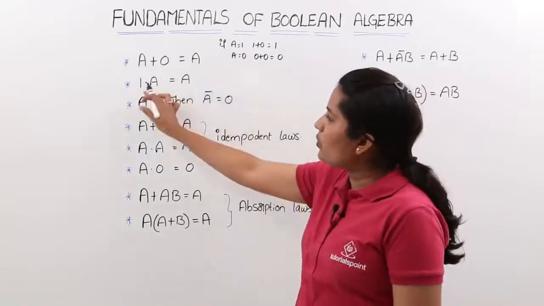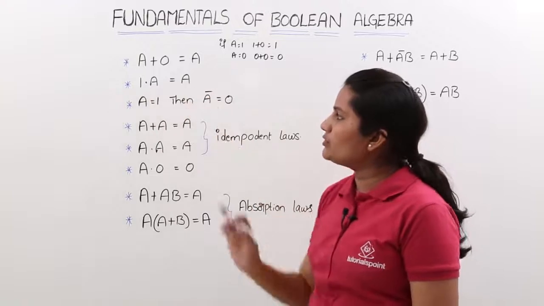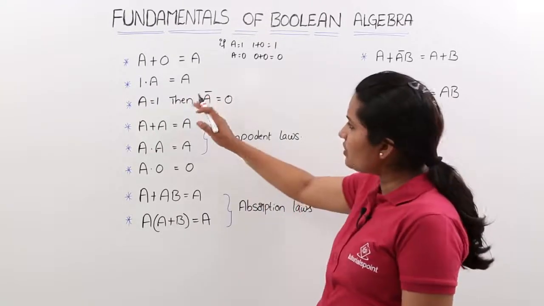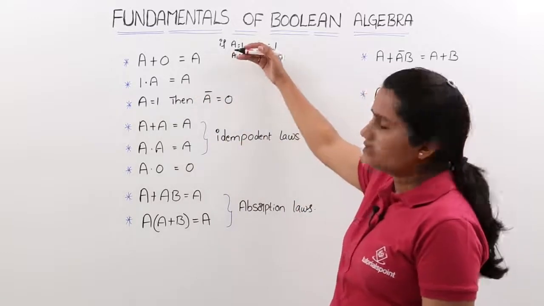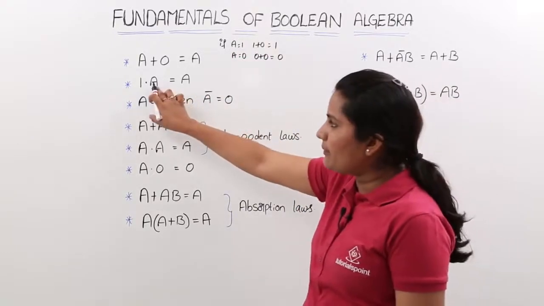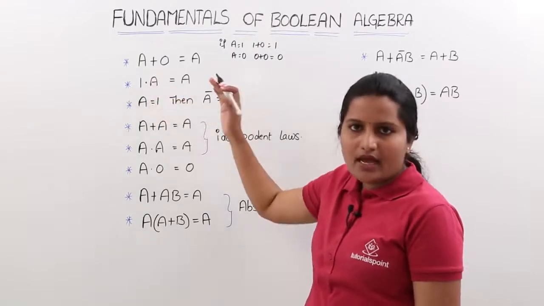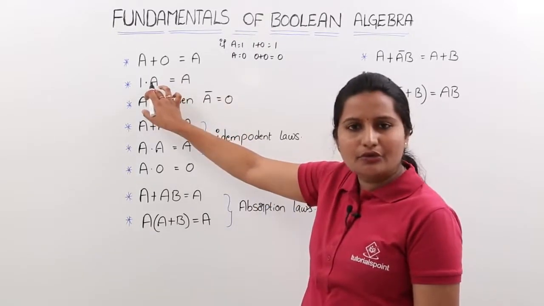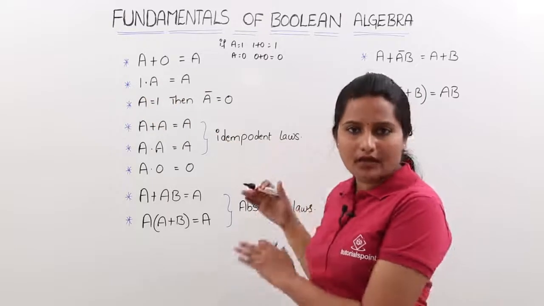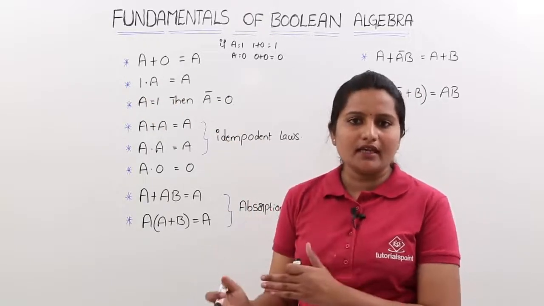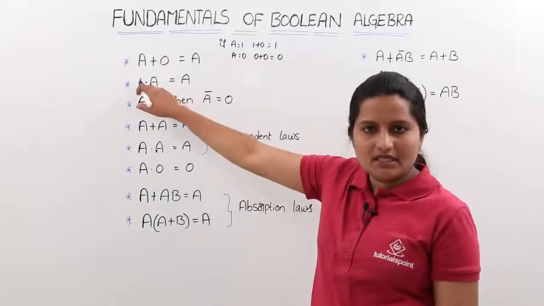Now, 1 into a is equal to a. This is also solved by using this theory. For example, if a is equal to 0, you are getting 1 into 0 as 0, and if a is equal to 1, 1 into 1 you are getting 1. So whatever a you are considering, that only you are reflecting as the result of this expression.